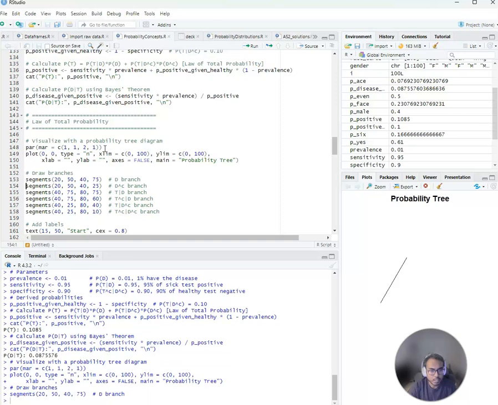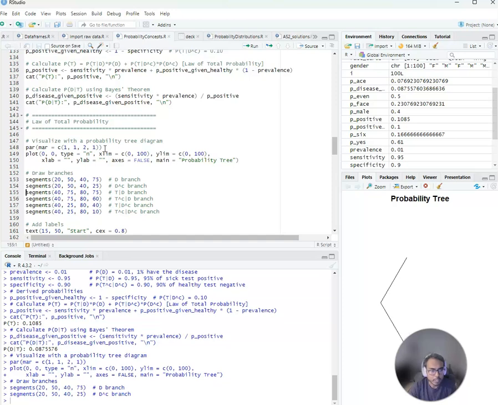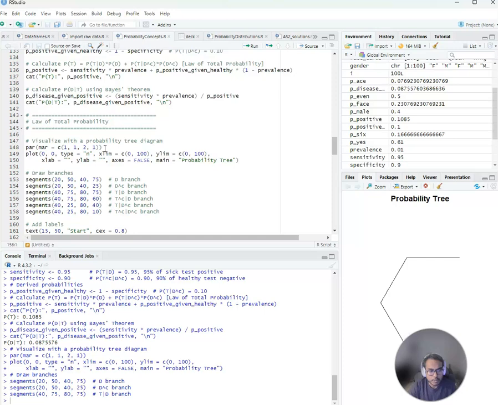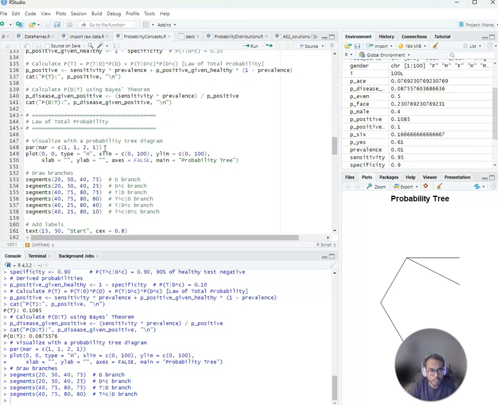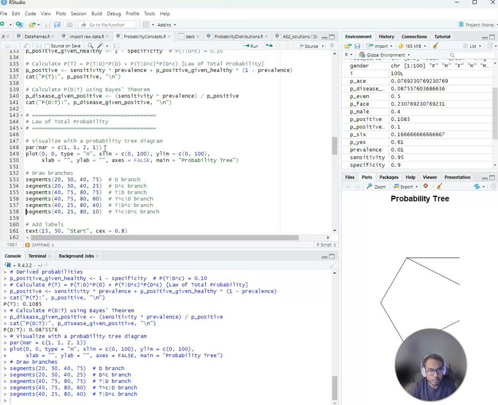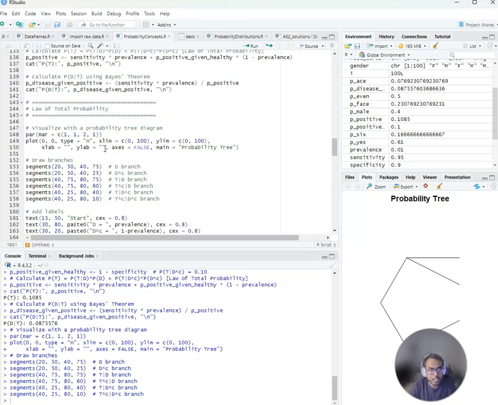So I start the branch D, then D complement, then you test positive given D, you do not test positive given D, you test positive given D complement, and you do not test positive given D complement. So you have all the trees.